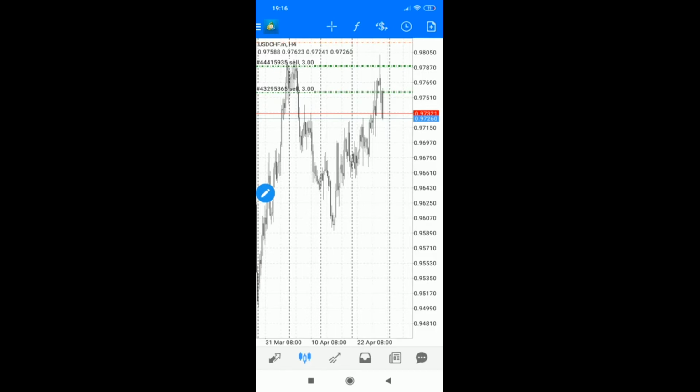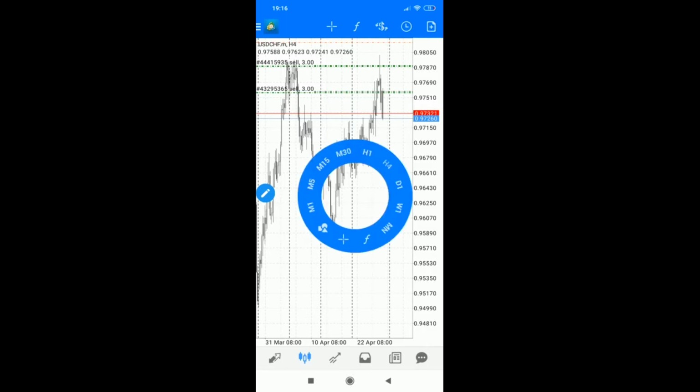You check specific things on different time frames. As you can see, we have the 1 minute chart up until the monthly chart. You can select whichever chart you want based on your strategy. Mine usually focuses from the 15-minute chart up until the weekly chart.